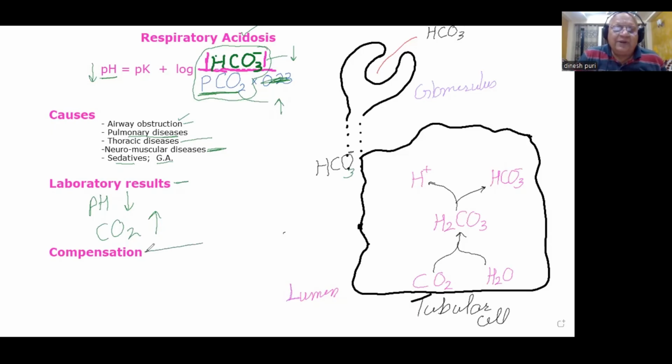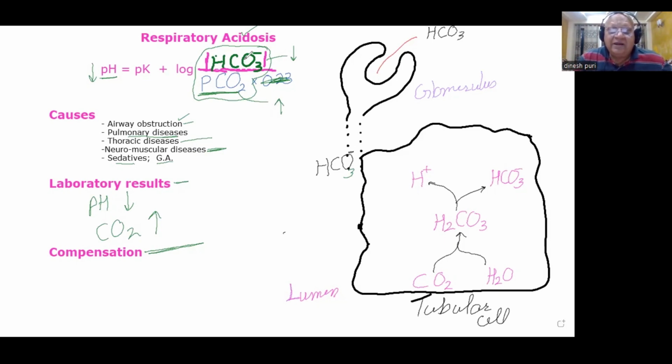So what are the compensatory mechanisms? Now, one point of importance you must bear in mind: in metabolic acidosis, the primary defect was in the bicarbonate concentration in the numerator. So how did compensation occur? By decreasing the partial pressure of carbon dioxide, by washing out carbon dioxide. So lungs played an important role by causing hyperventilation, Kussmaul breathing, for example.